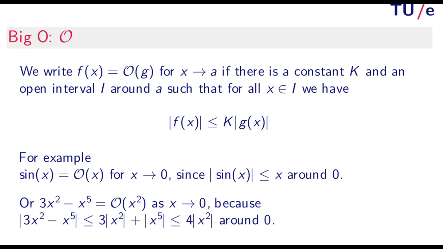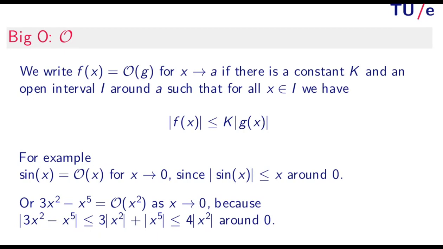A second example is that 3x squared minus x to the power 5 is big O of x squared if x is going to 0. Why? Well, 3 times x squared minus x to the power 5 in absolute value is at most 3 times x squared plus the absolute value of x to the power 5.